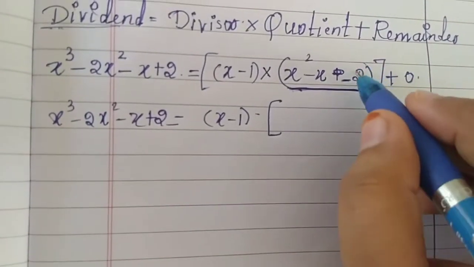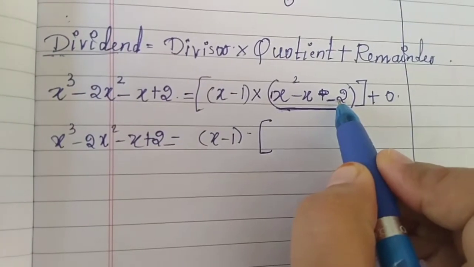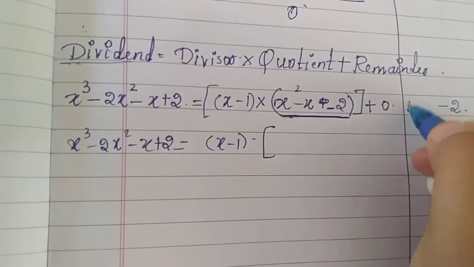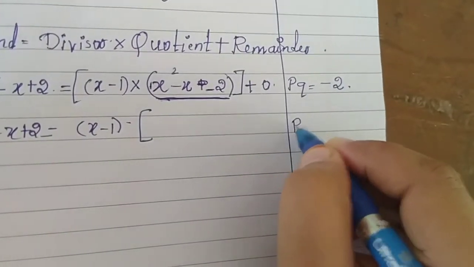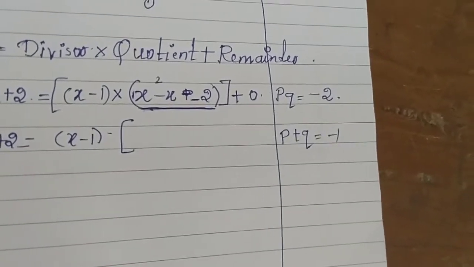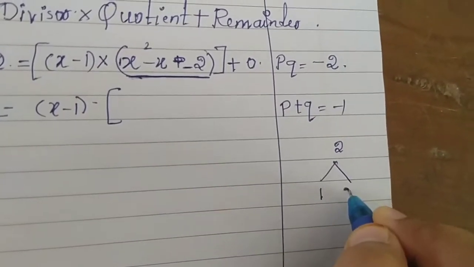So what you have to do now? Multiply the coefficient of the first term and the constant of the last term. You are getting here minus 2. So p into q is minus 2 and p plus q is nothing but here minus 1. So you have to find the factors of 2 now. 2 ones are 2 or 1 twos are 2.